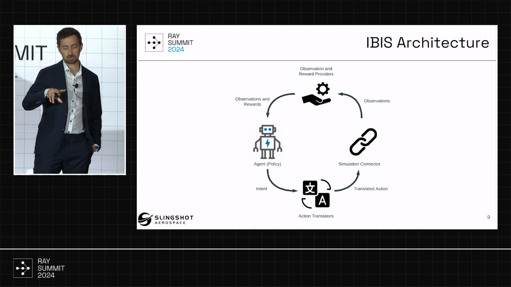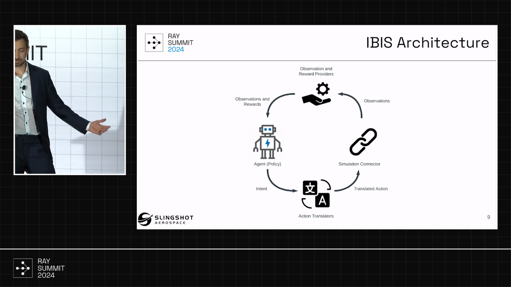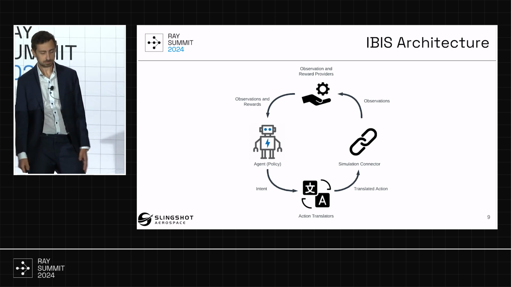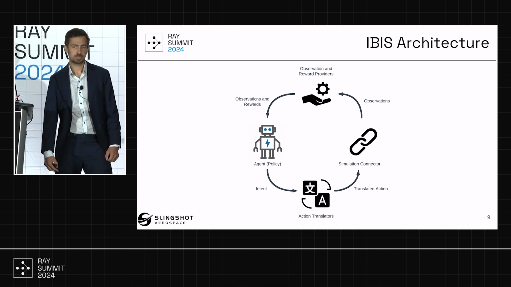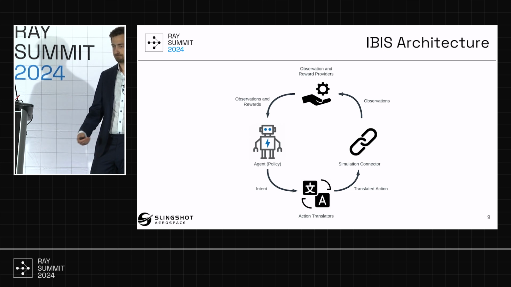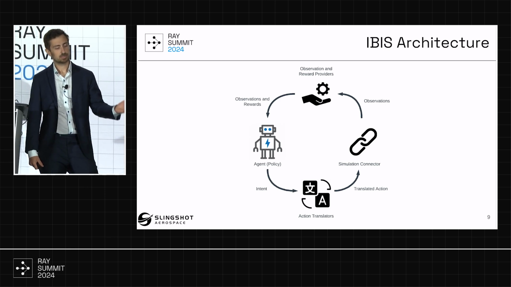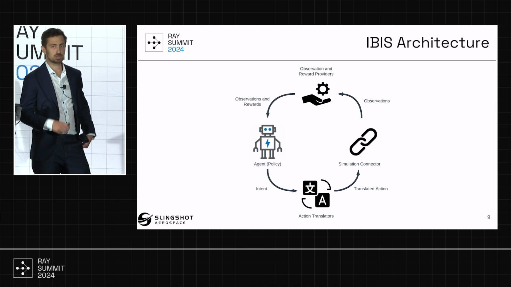And all of that goes into a simulation connector, which is essentially just an API that can be implemented by any simulation environment. So if we wanted to swap out a simulation environment, we can just plug it in as just another instance of a simulation connector. And the agent, the observation providers, the action translators, none of them need to know the difference.